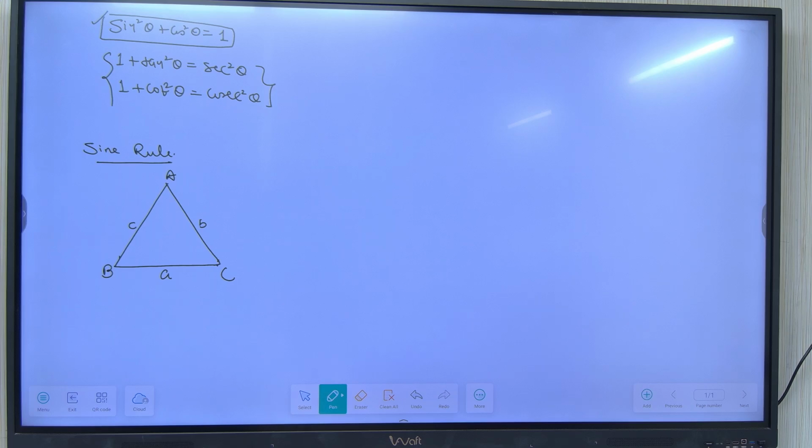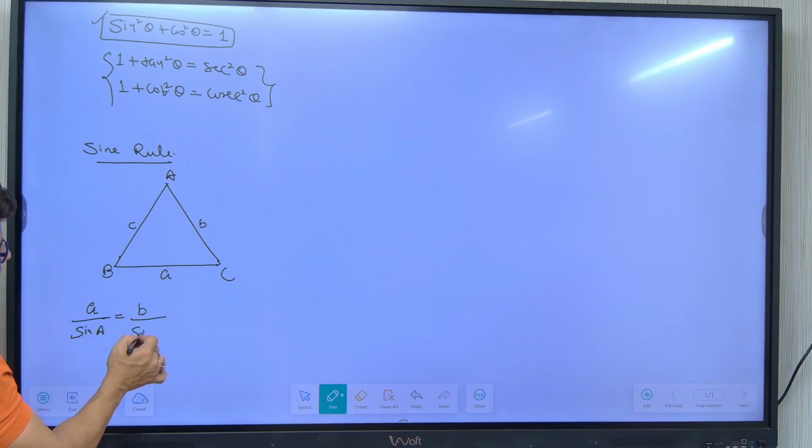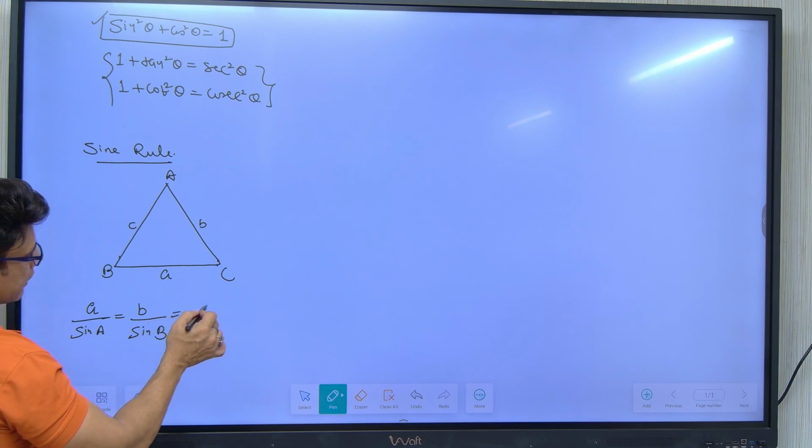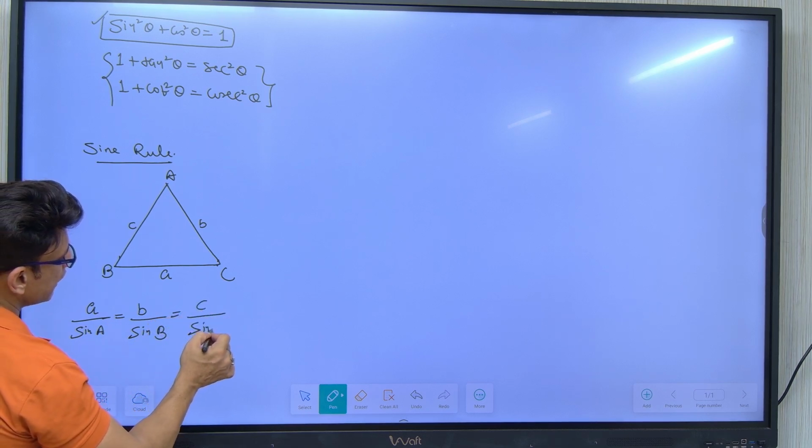In this case, sine rule is a upon sine of angle A is equal to b over sine of angle B is equal to c over sine of angle C.